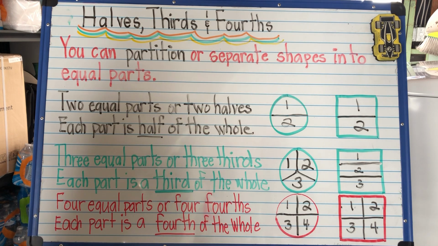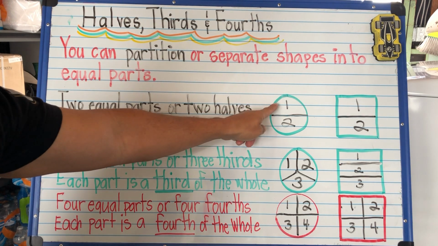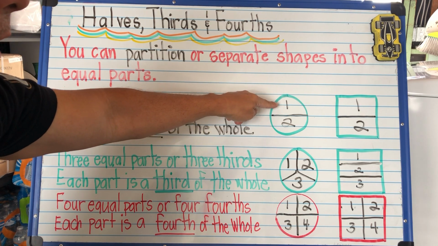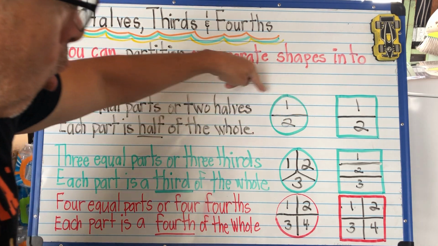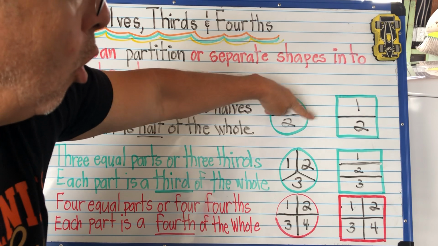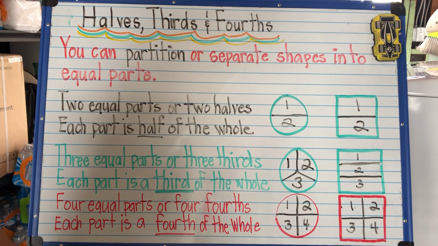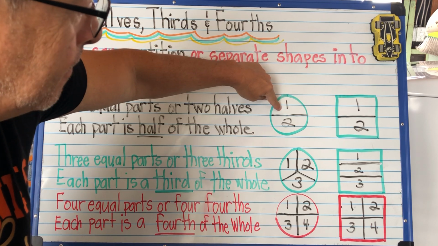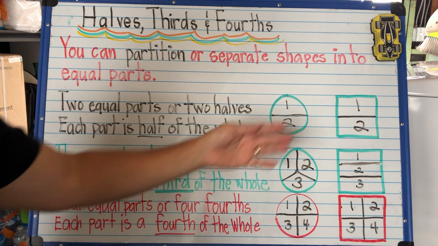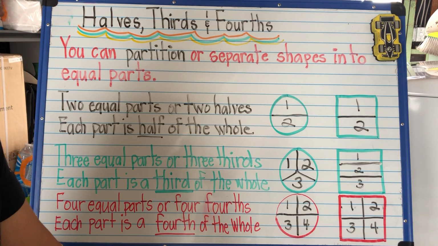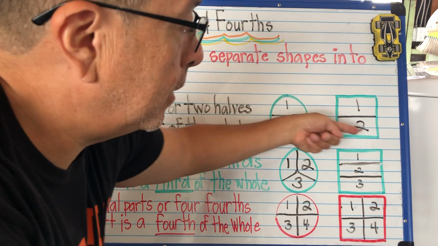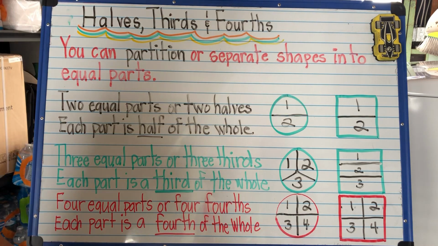Now, what we can say is that each part is half of the whole. Okay? So this is a whole circle, and each part is half of the whole thing. Just like in this example here with the square, each part is half of the whole or the entire shape.